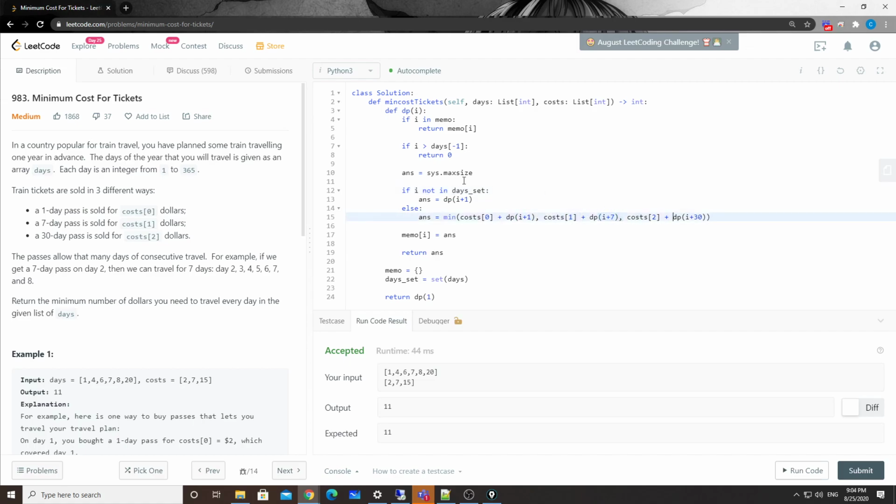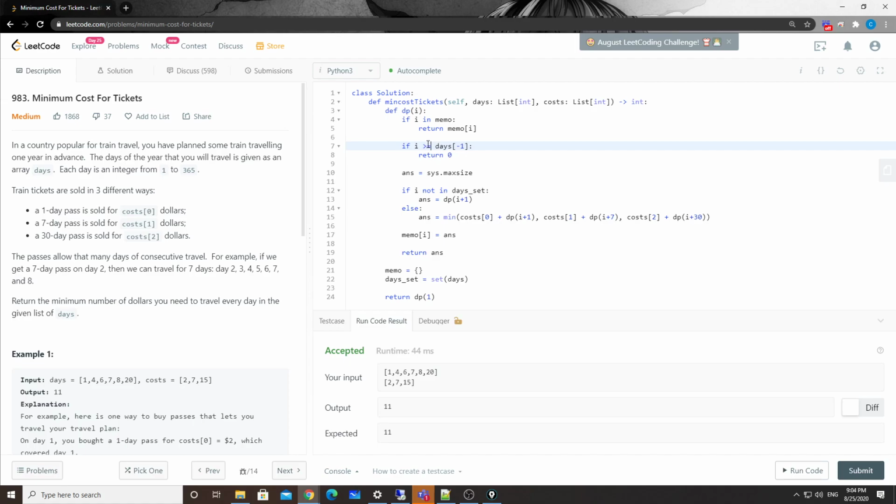And by the time we pass the last day, we don't use an equal here because we want to make sure the last day can also be processed.